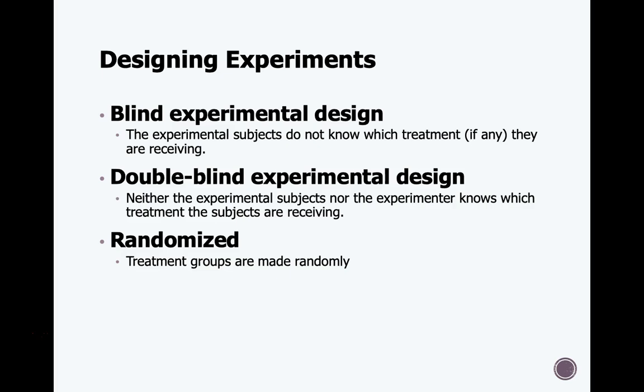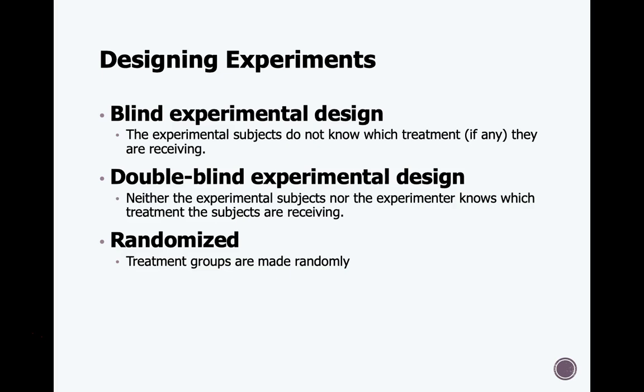If everybody in that group doesn't look too bad, maybe their cold's not quite as severe, but you put them all together and they got all of the same treatment. So if you have a randomized double-blind experimental design, you are doing fantastically. You are reducing any outside subjective analysis of data or subjective results.